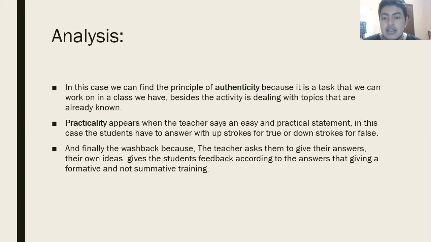The students have to answer with a thumbs up for true and a thumbs down for false. And finally, washback, because the teacher asks them to give their answers and their own ideas, and gives the students feedback according to the answers given in a formative way and not in a summative way.